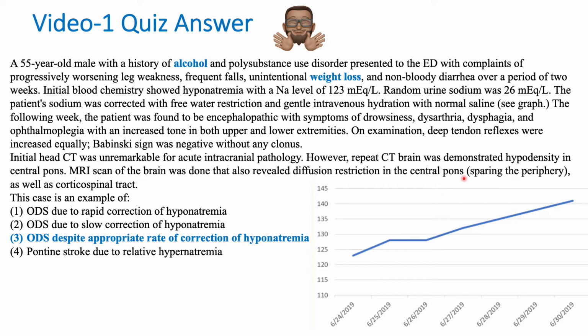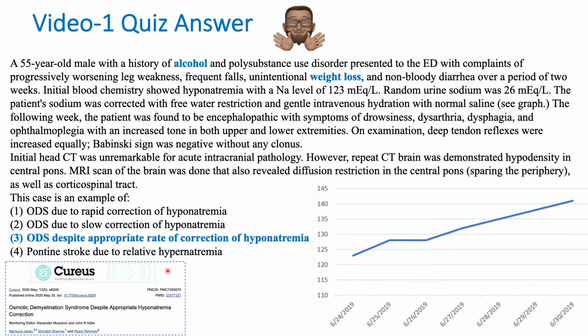It seems like this did not happen here, but despite that, the patient has clinical features and MRI features of ODS. So this is actually kind of a case report. Fortunately, it's a rare entity, but it still does happen, so be careful and be aware of it.